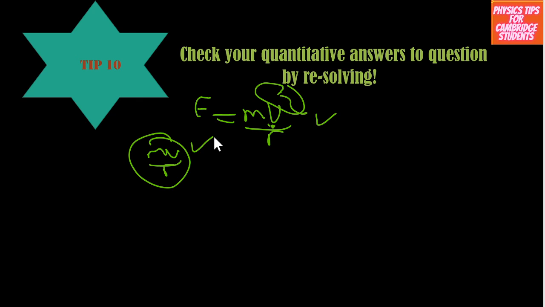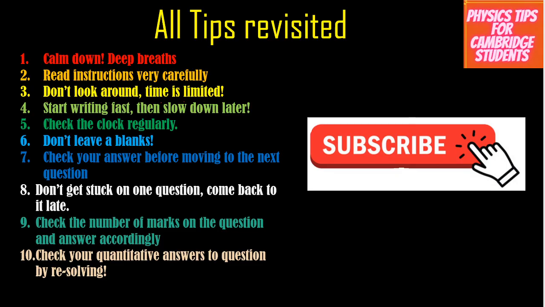Right, so I think these are the tips that we have gone through. The first tip is to calm down and take deep breaths. Second tip is to read the instructions very carefully and don't look around, because the time in the examination room is limited. Start writing fast and then slow down later, and check the clock regularly. Don't leave a blank or blanks.